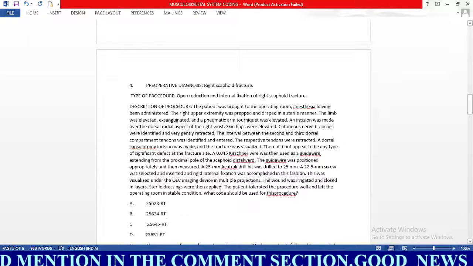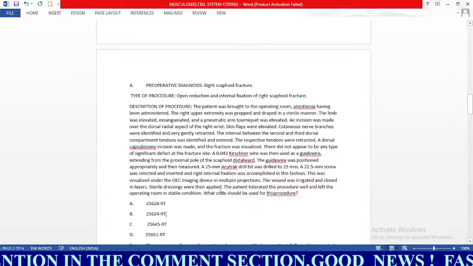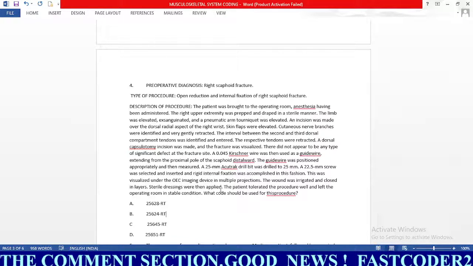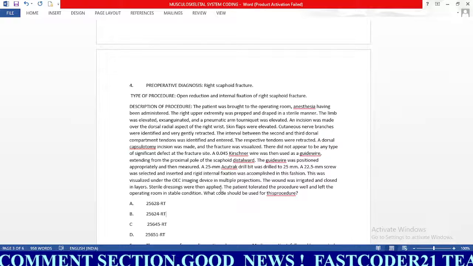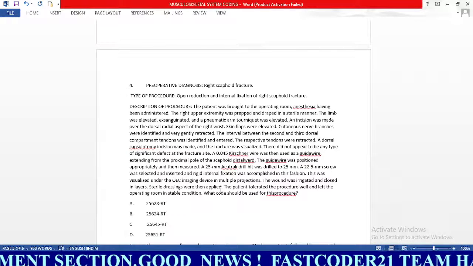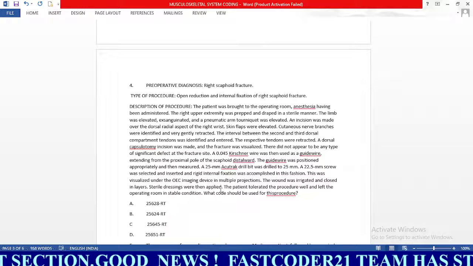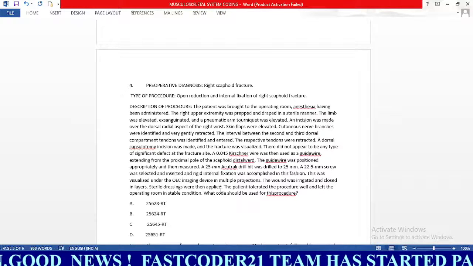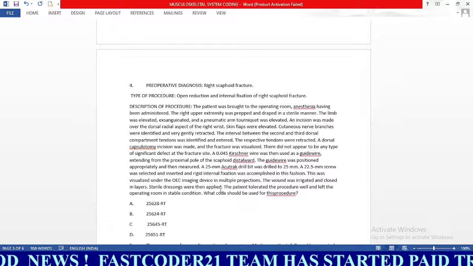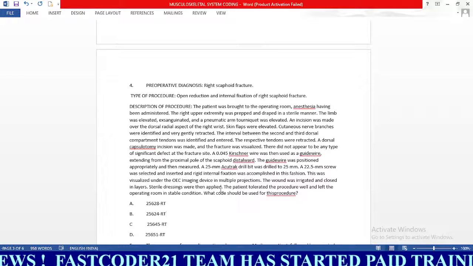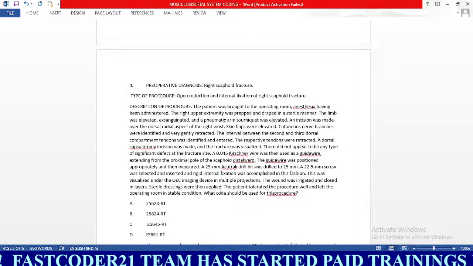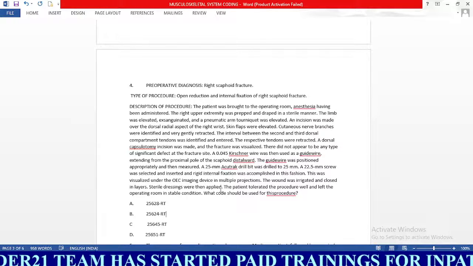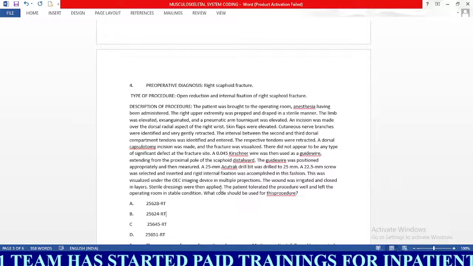Basically, the most important thing we need to remember here is that in fracture reductions or fracture repair, we have three types of procedure. One is open procedure, second is closed procedure, and third is percutaneous procedure. How do you identify them? For example, if the physician creates any incision on the skin or fracture site, it becomes an open procedure.